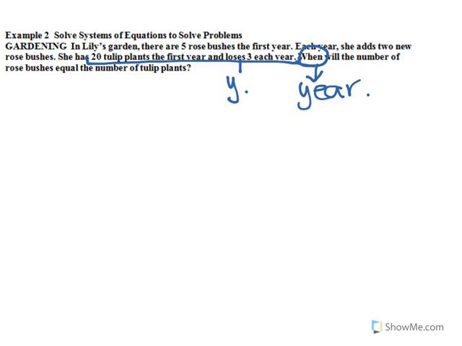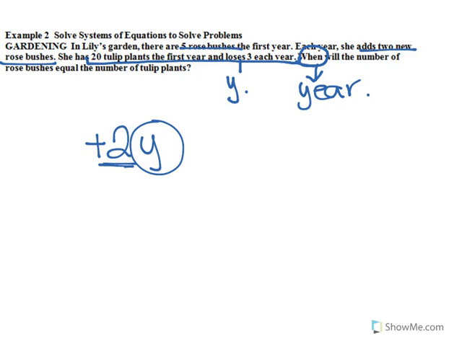So now, let's reread the statement. Each year, she adds 2 new rose bushes. So we have plus 2y. So plus 2 times y, since this stands for the number of years, and there are 2 rose bushes every year.